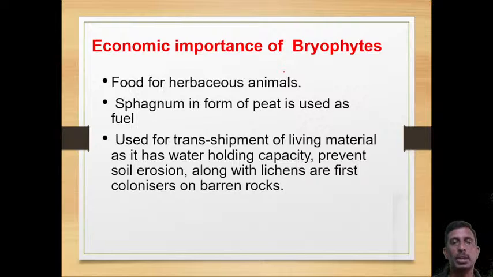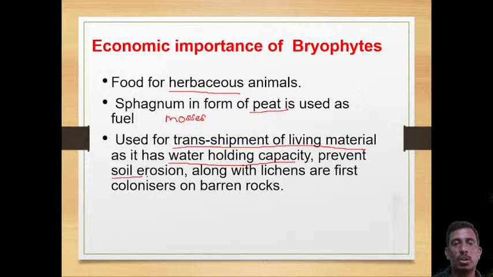When it comes to the economic importance of bryophytes, they are food for many herbaceous animals. Sphagnum, which belongs to mosses, forms peat and is used as fuel. Sphagnum is also used for packing and transshipment of living materials, as it has high water holding capacity.